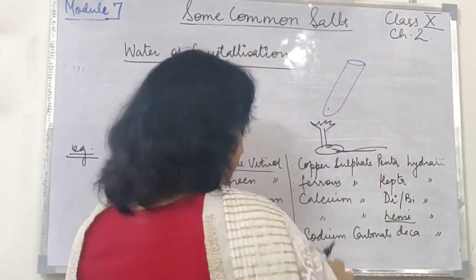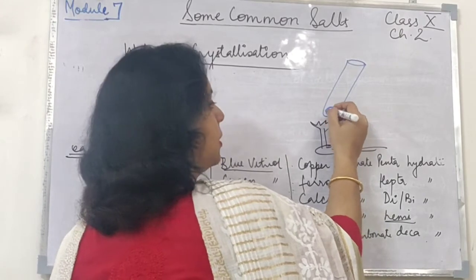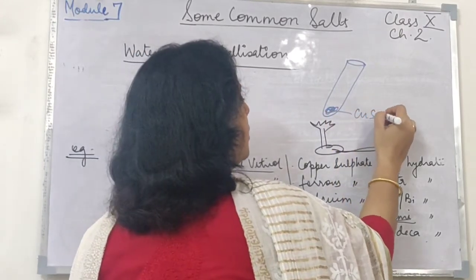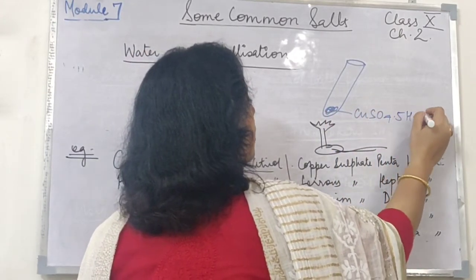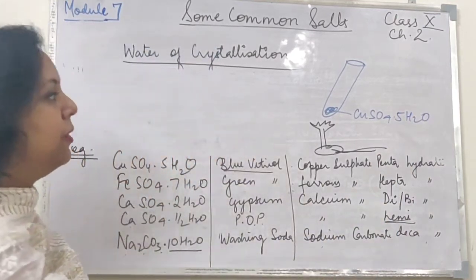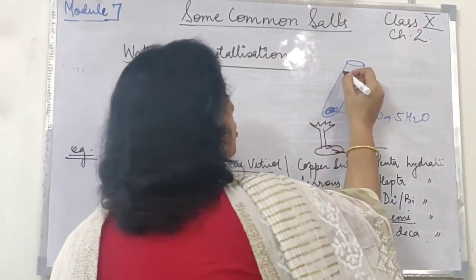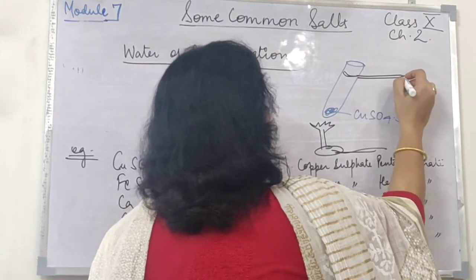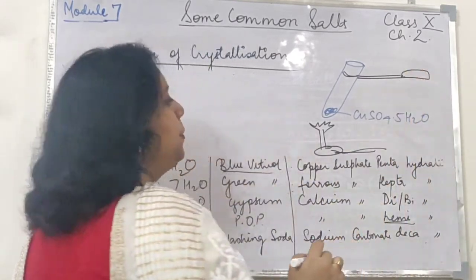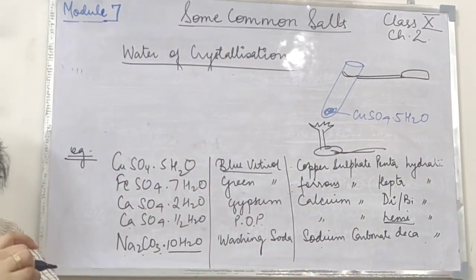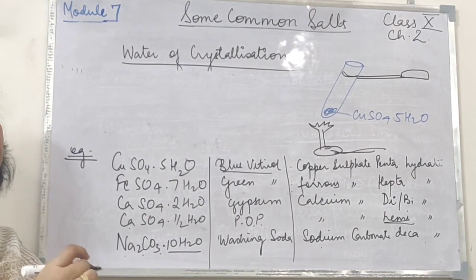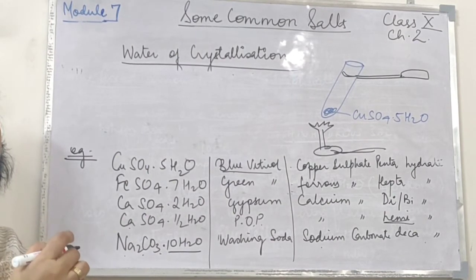Let me make it with blue because it is originally blue in color. If I take copper sulfate, let me put a holder. Now, if copper sulfate is heated from the base, what is going to happen? What will be your observation?